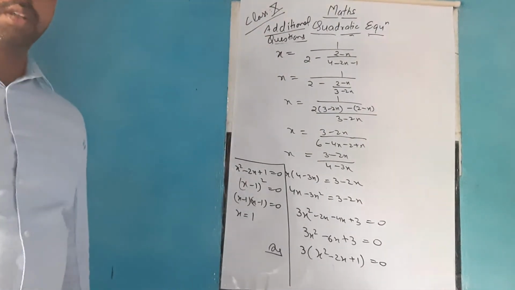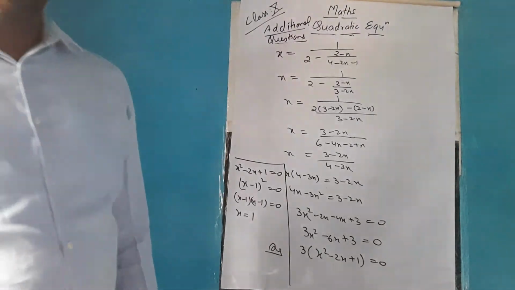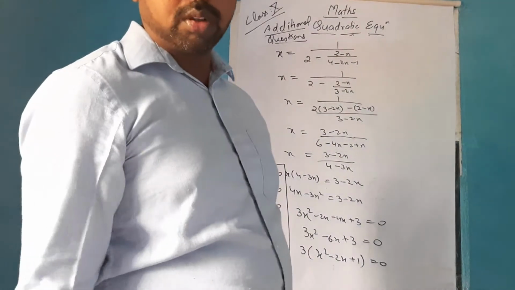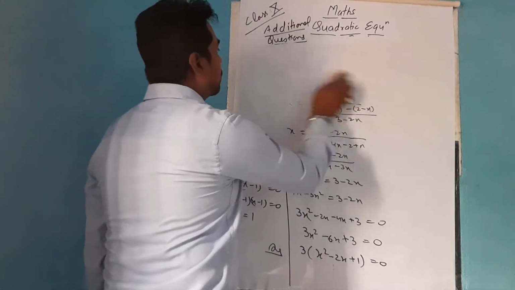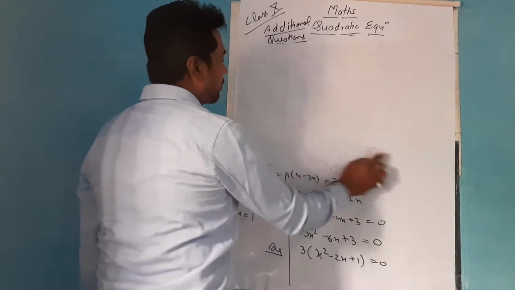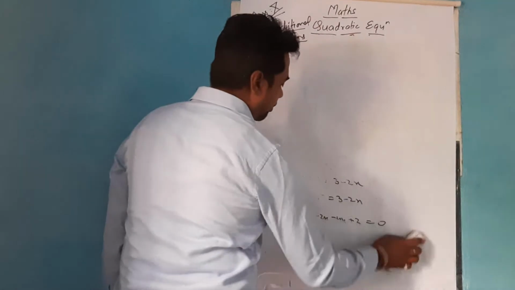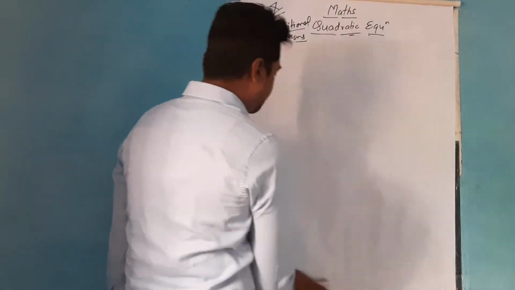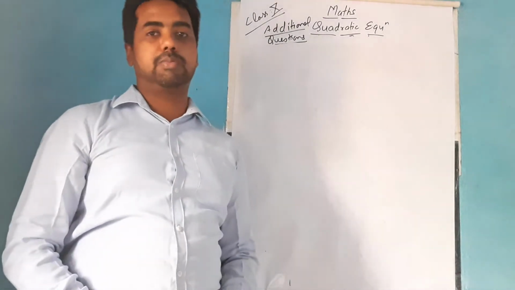Now the third one. The third one is a motorboat whose speed. Now when a question related to a motorboat comes, there are two types of speed. One is the speed of the stream and the other is the speed of the boat. Either one of the speeds must be given. Either it will be given as the speed of the stream or the speed of the boat.